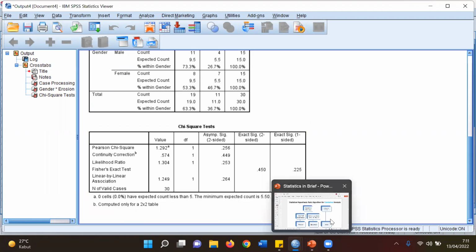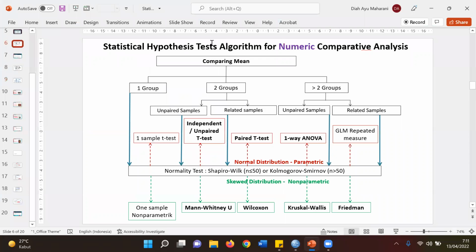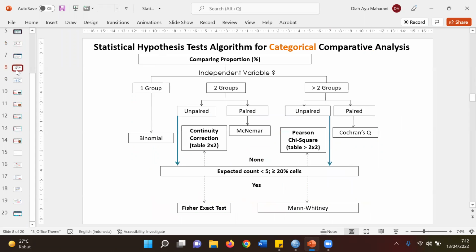Maybe you still remember I showed you a diagram for numerical data, you look at the normal distribution, but for categorical data, you don't analyze the normality because, as I told you, like gender, there's no mean. So the distribution test is only for numerical data.